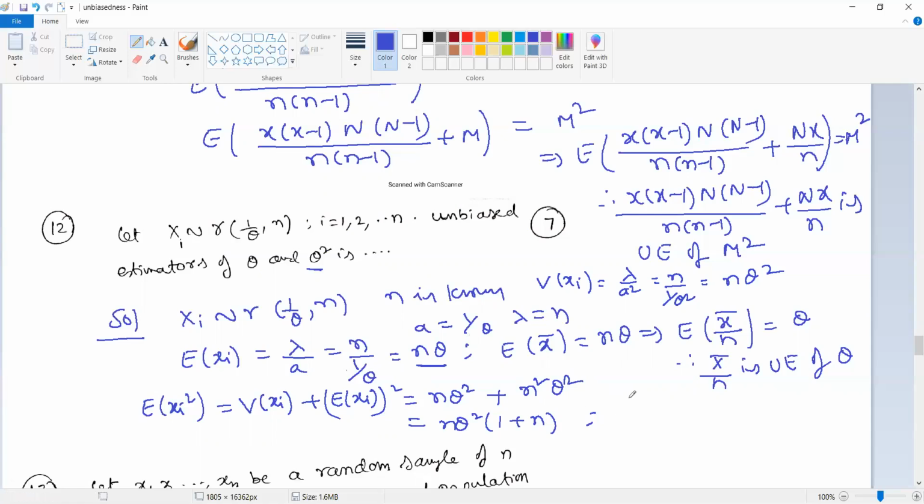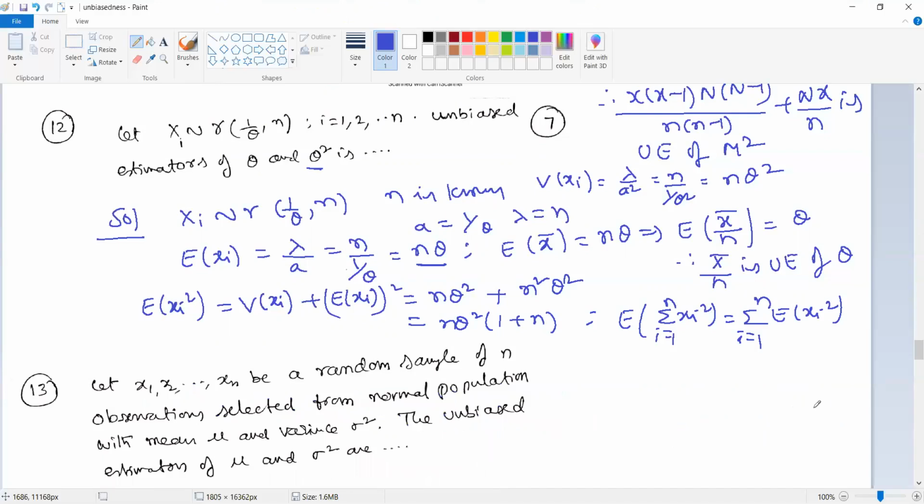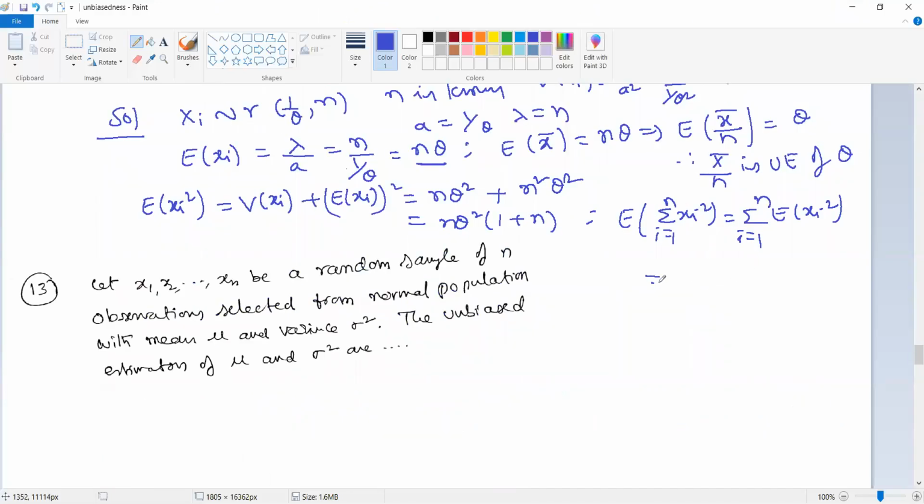Immediately we have to identify the function of sample observations to estimate theta square. The suitable function is 1 by n summation xi square, the required function, with summation i equal to 1 to n. So E of xi square summed over i equal to 1 to n is n theta square into n plus 1.